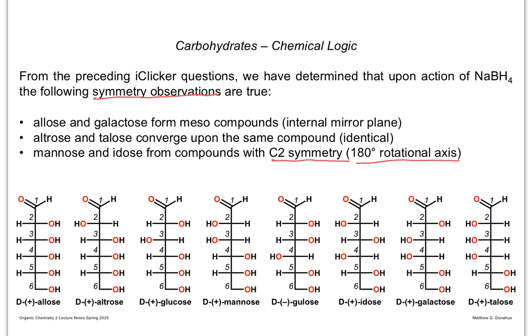Again, the measurement of specific rotation of all of those products was crucial in helping Fischer figure out ultimately the structure of glucose. If we have time over the next lecture or two, I'll talk more about that, but that's an introduction to that logic.